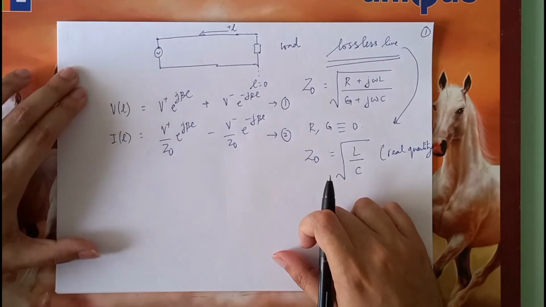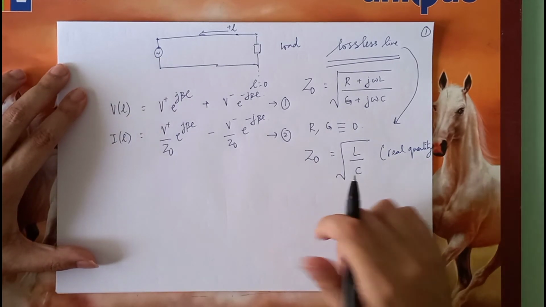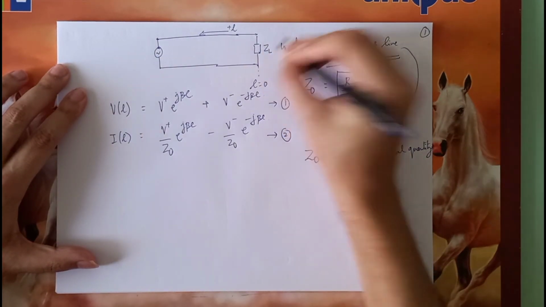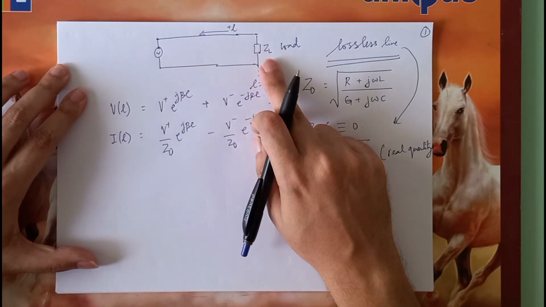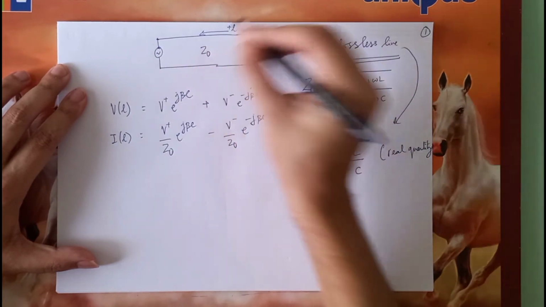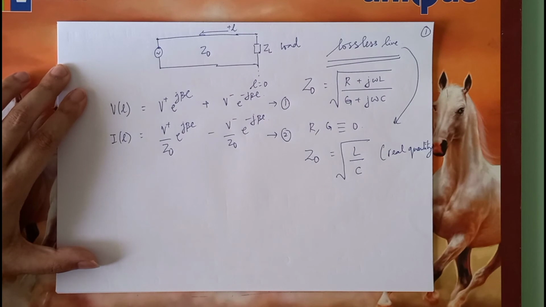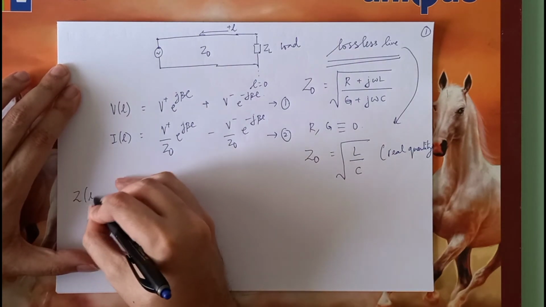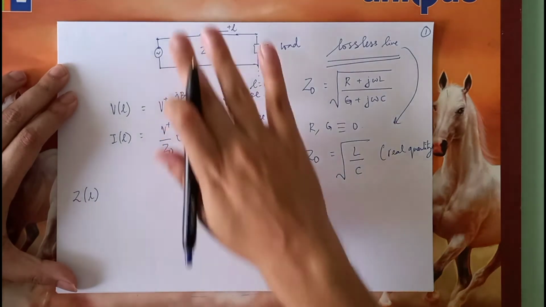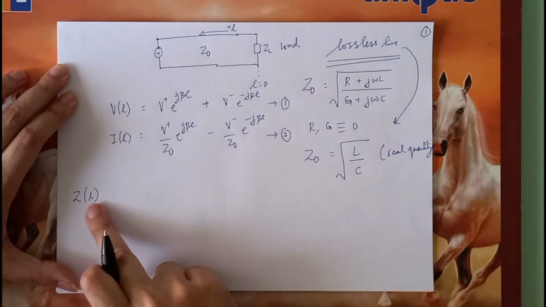With this, we can define that if the load impedance is ZL and the line impedance or the characteristic impedance is Z0, we can also define Z of L, which is the impedance at any point L on the line.